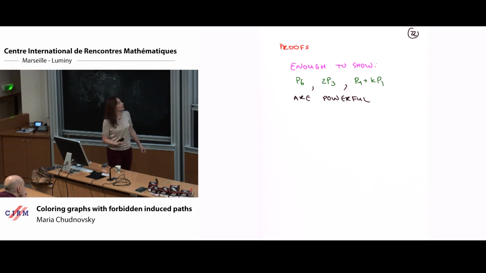Okay, so let me tell you something about the proofs. First of all, if you think about it for not very long, though not 2 seconds, you'll notice that with everything I've said so far, it's enough to show that those graphs are powerful, if I'm going for the non-least version, or it's enough to show that this and that are least powerful if I'm going for the least powerful version.